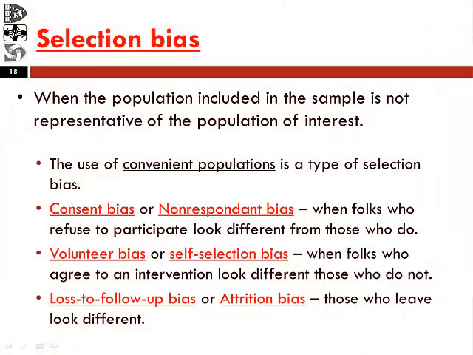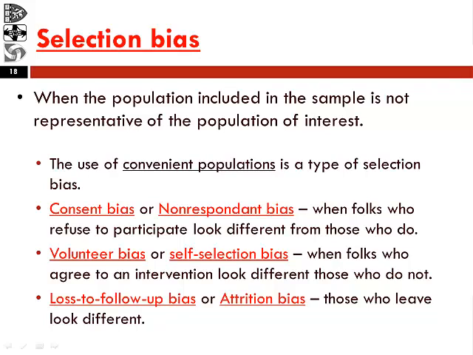And then finally, there can be a loss to follow-up bias. So some of the studies that we'll look at will have a long follow-up of patients. So I want to know how patients who are on HIV treatment are doing after 2 years. Some people will not be in our programs anymore. And that can introduce a bias. Are they not in our program because they moved to Kigali to get care there?